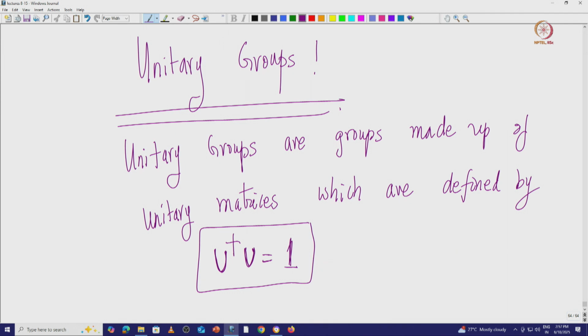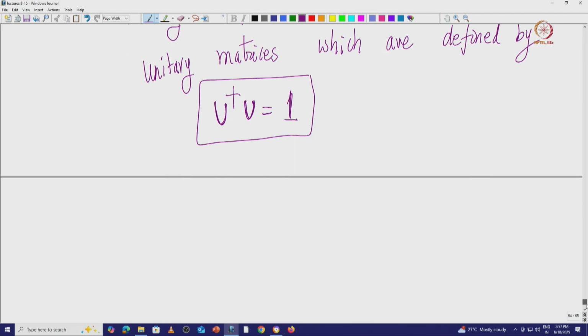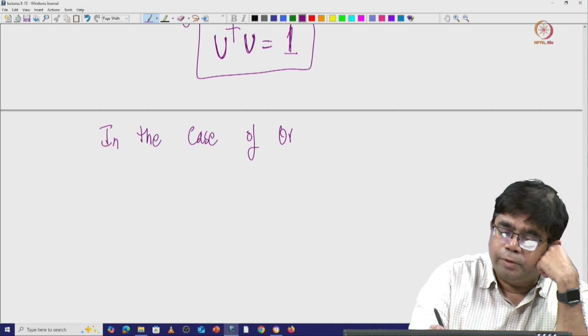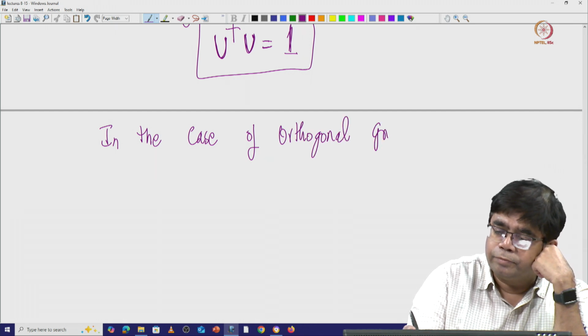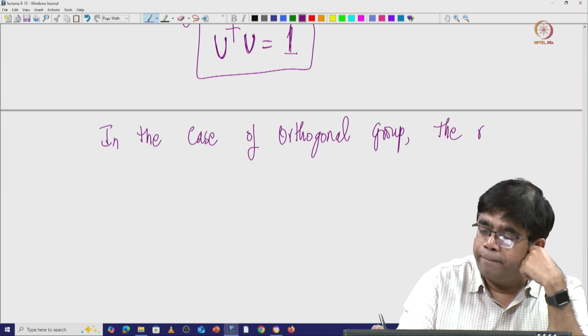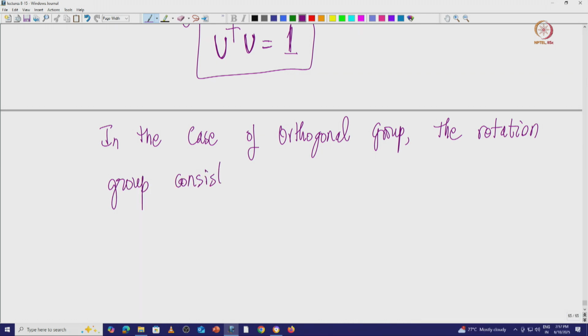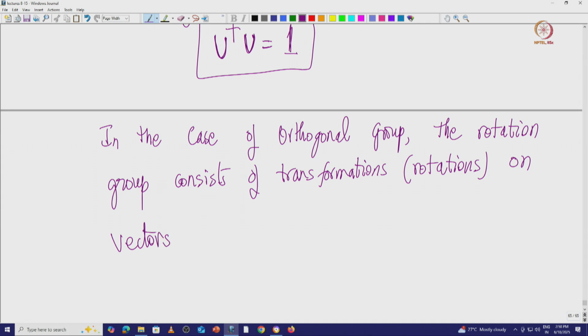In the case of orthogonal groups, the rotation group consists of transformations which are nothing but rotations on vectors, which are real vectors, which belong to a real vector space R^n, say for example.